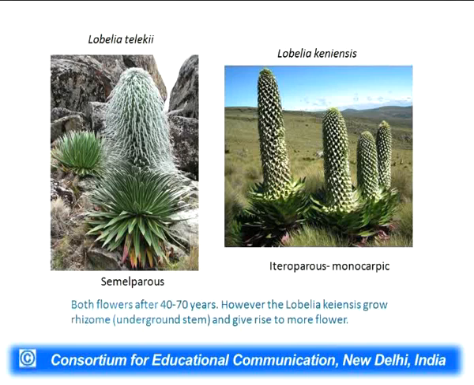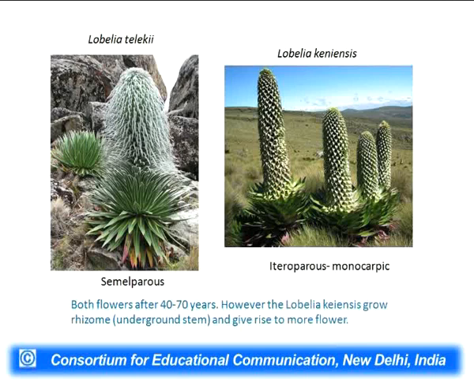Now, look at the plants, there is an interesting difference. The left side plant is a semelparous plant. That means it will flower once, and it will die. But the plant on the right side looks like semelparous, but is actually iteroparous. In the sense, this plant has an underground rhizome or underground stem, and what you look at here, the 4 plants, you can consider as 4 branches of the same plant which is underground.